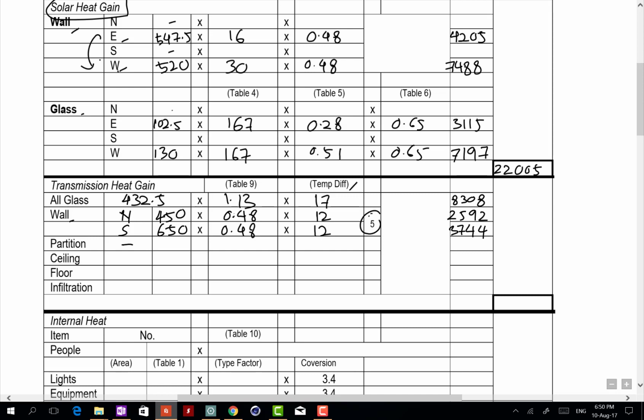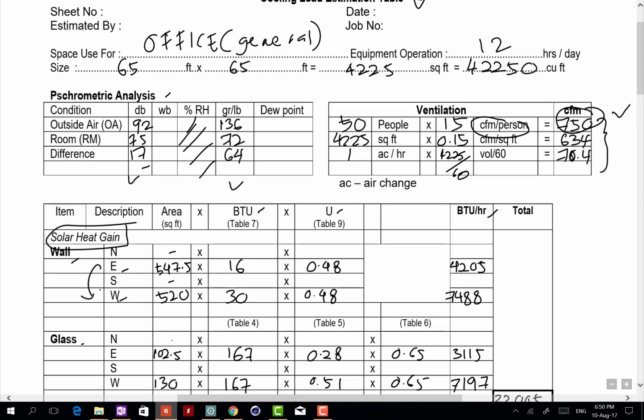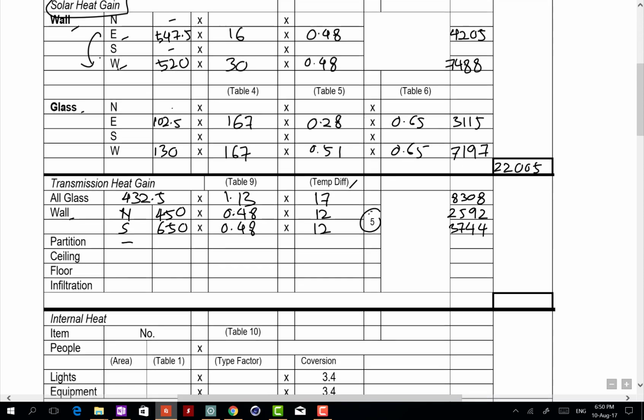And then for the ceiling and also floor, the area for ceiling is based on our area here. Okay, floor area same 4225. So this one no need.